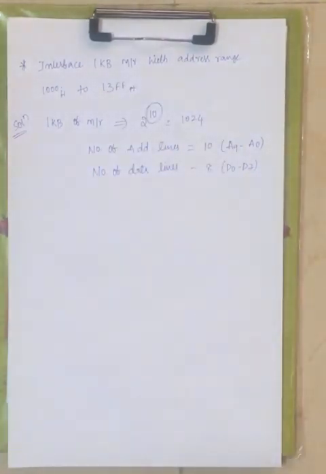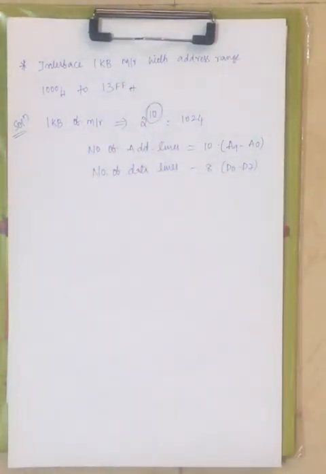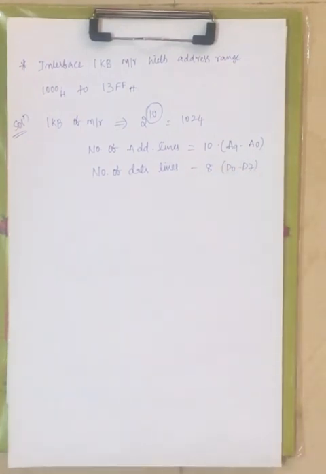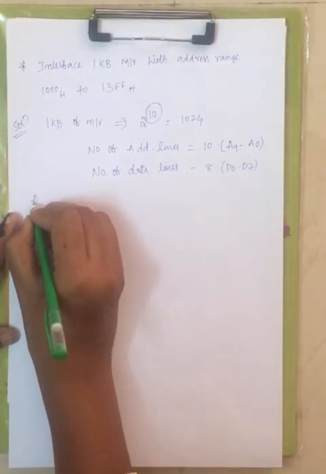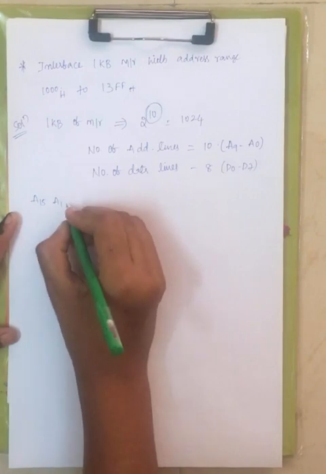Now the memory is given. 2 power address lines will give you the memory. Once the memory is given, you can find out the number of address lines. 2 power 10 is nothing but 1 kilobyte of memory, that is 10 address lines. The number of data lines will remain the same, D0 to D7. Now how many address lines are there for your 8085 microprocessor? A15 to A0.